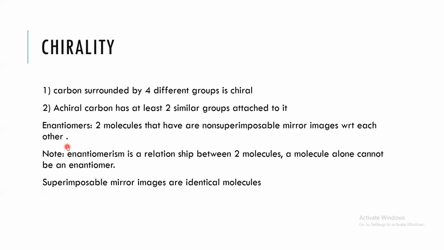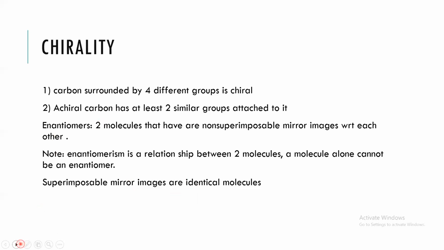Meaning if I give you two molecules that do not have a chiral center and they look like they are mirror images, but if you try to superimpose them, or put them over each other, you'll find that they are superimposed. You're going to know that actually they're not enantiomers. They represent the same identical molecule, and we're going to see this later on.